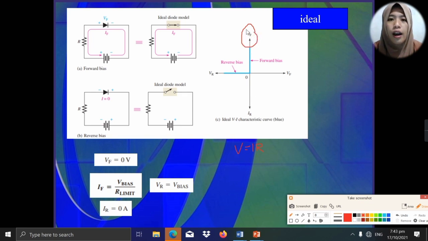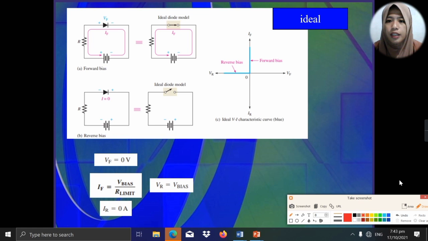Divide dito ng R, divide dito ng R, makancel yan. So, ang I natin is equals to V over R. Therefore, ang I forward is equals to V bias over the resistor limit. So, yan yung ideal.